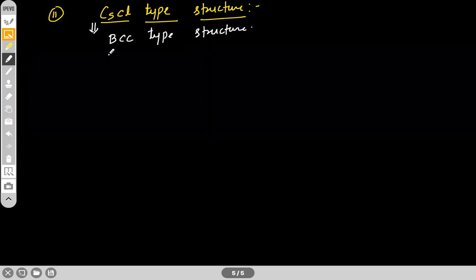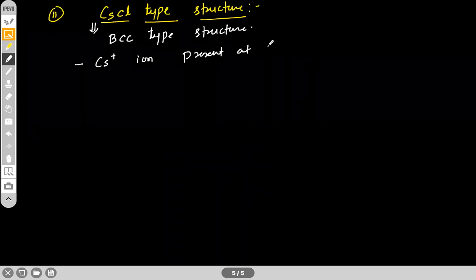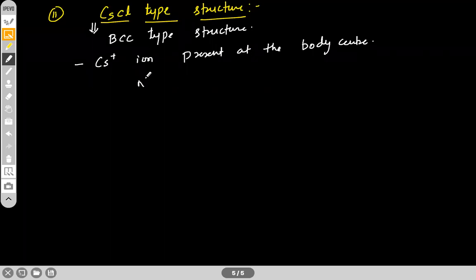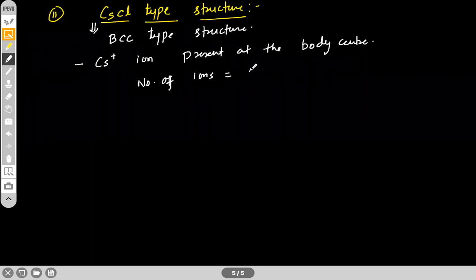BCC, body centered cubic. Where the Cs plus ion is present at the body center. So the number of Cs plus ions, it is only present at the body center, so it is 1.